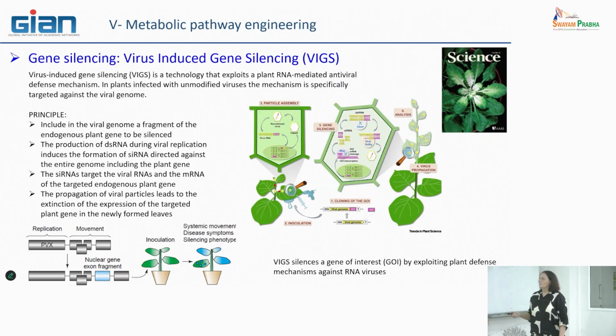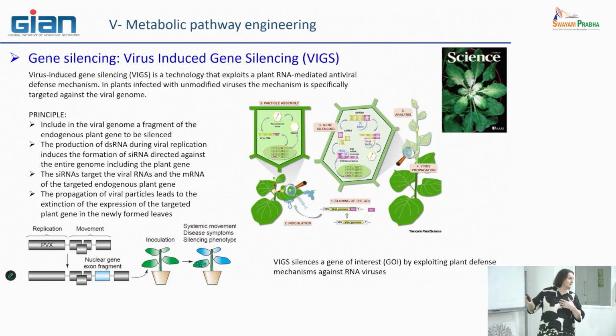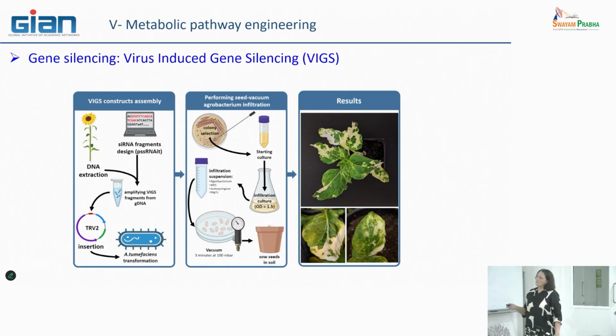Okay. What is interesting is that, in fact, in this case, the viral particles are able to propagate in all the cells of the leaf, for example. So you can act not only on one cell, but on a larger number of cells to silence, okay, the specific gene targeted.